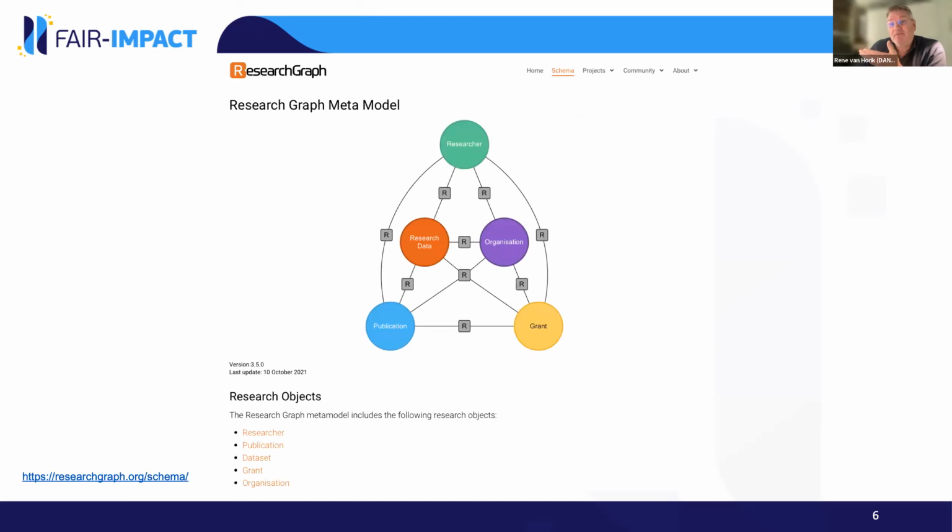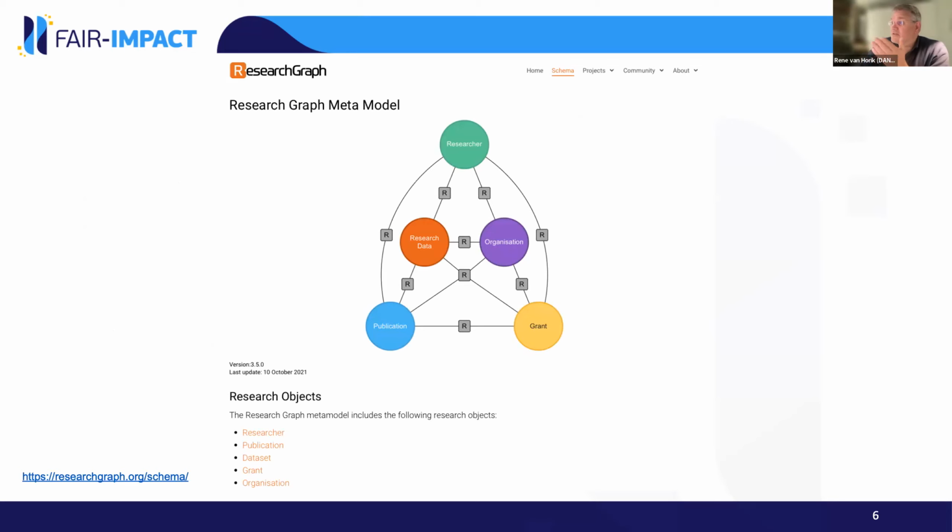Well, what's the benefit of all this? This slide is hopefully a good argument to use persistent identifiers, because with the PID you can create relations between research objects. The researcher can be connected to his or her publication that is made available by a grant.